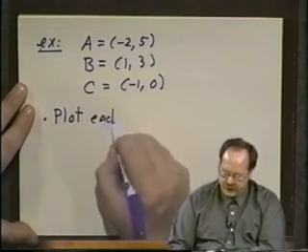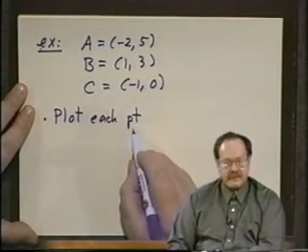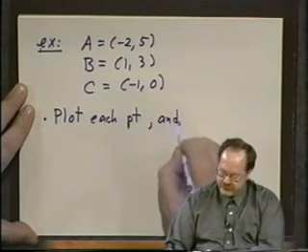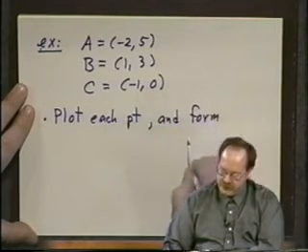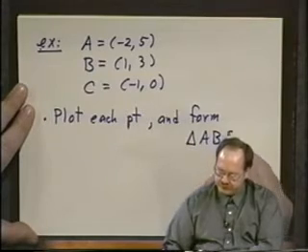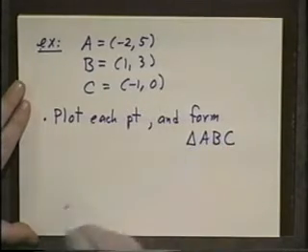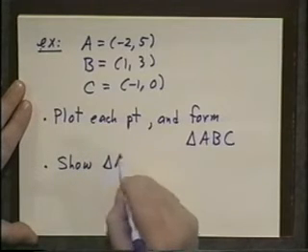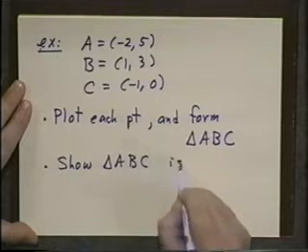We want to plot each point. There's my abbreviation for point, by the way. And form triangle ABC. Abbreviation for triangle. Secondly, I want to show that triangle ABC is right.